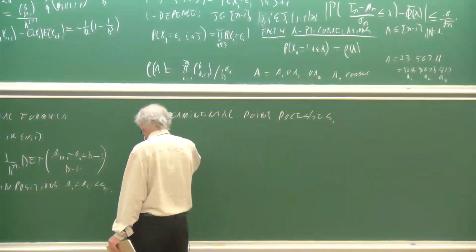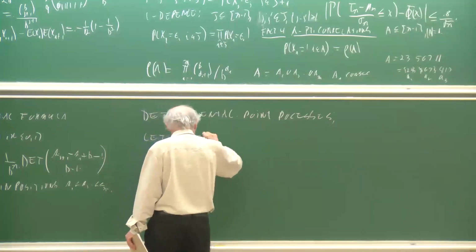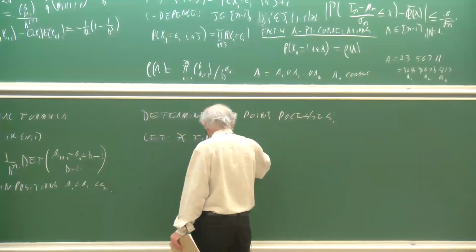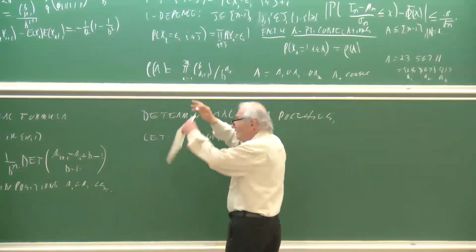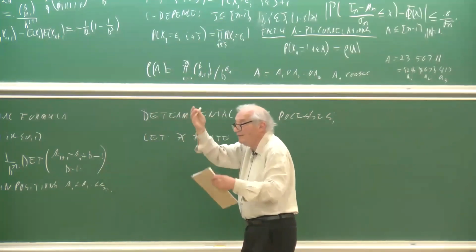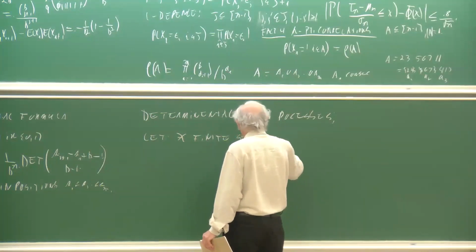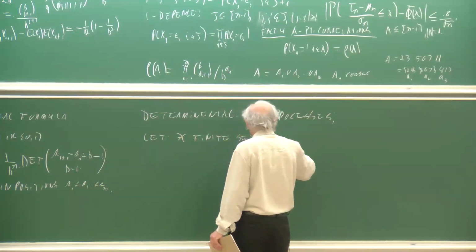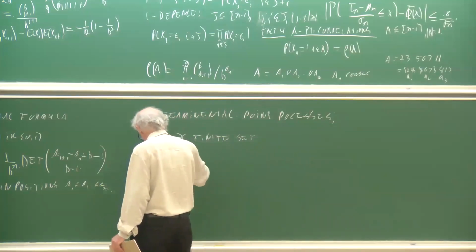Let X be a finite set. It might be the integers from 1 up to n minus 1, but it could be lattice points in a grid. It could be any kind of thing. Let X be a finite set, and we define, first of all, a point process.